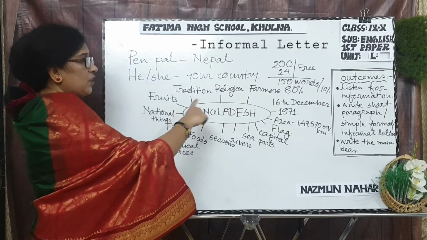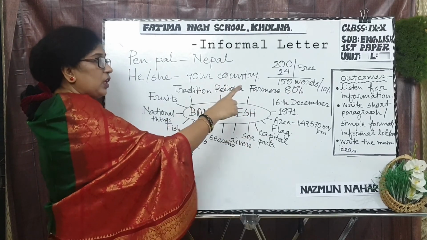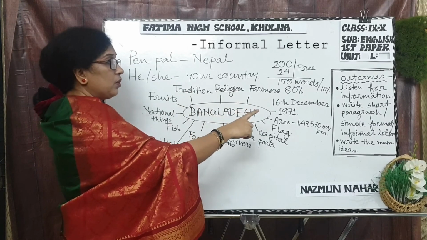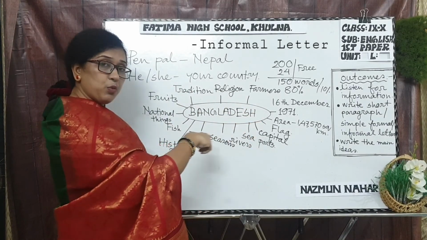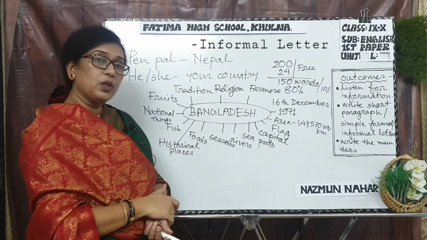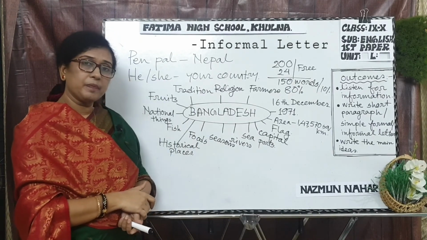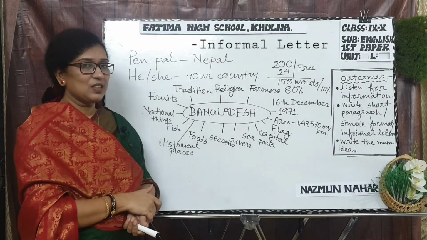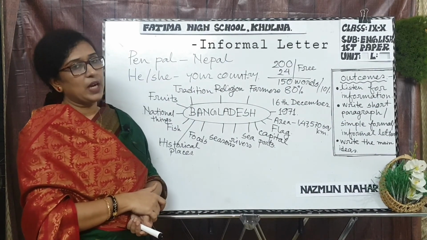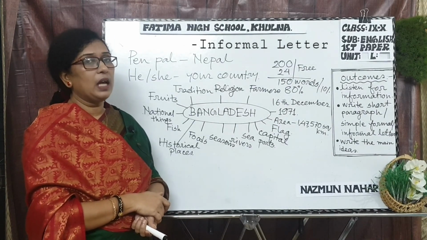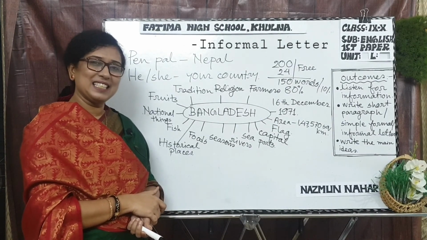And all this information you have got from your knowledge, from your BGS book, maybe from your general knowledge, maybe from your experience. Clear? So this is a letter. So after this lesson, we will be able to write any kind of letter, paragraph, dialogue about our country, Bangladesh.